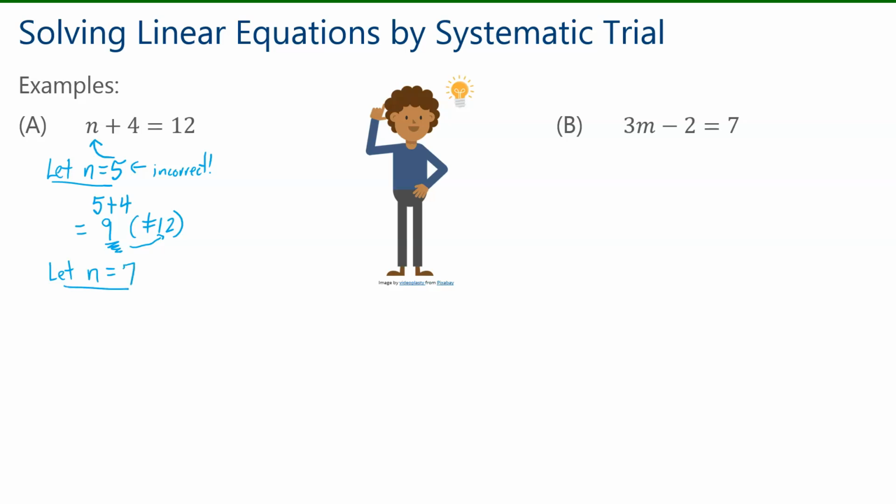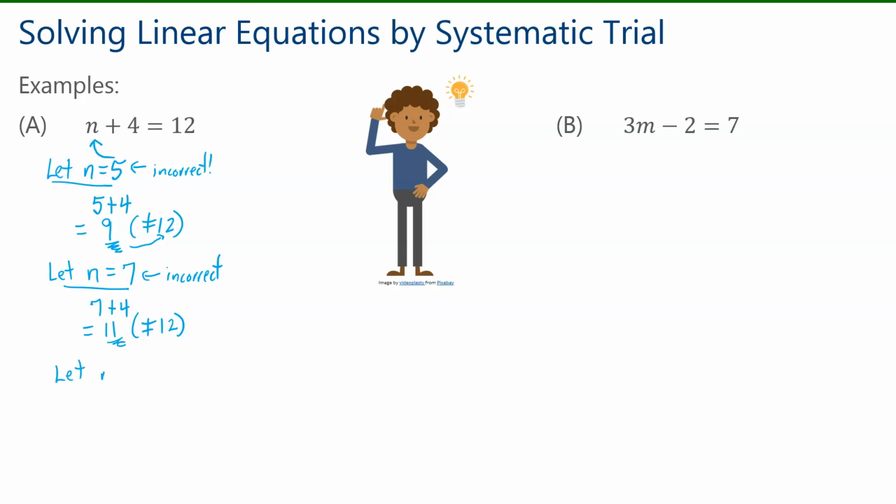Let n equal 7. When I use 7 in place of n, I write down 7 plus 4. 7 plus 4 equals 11. Not quite. That's not equal to 12, so that tells me that 7 is incorrect. But I notice this time I'm much closer to 12 than before.